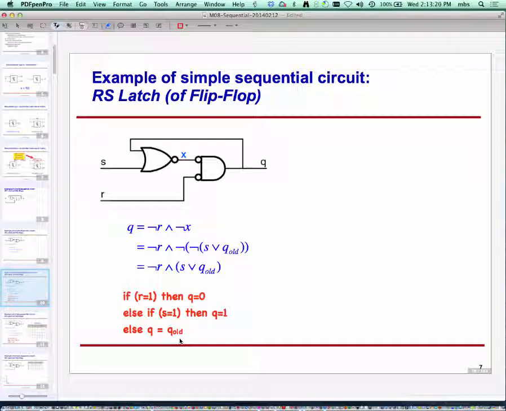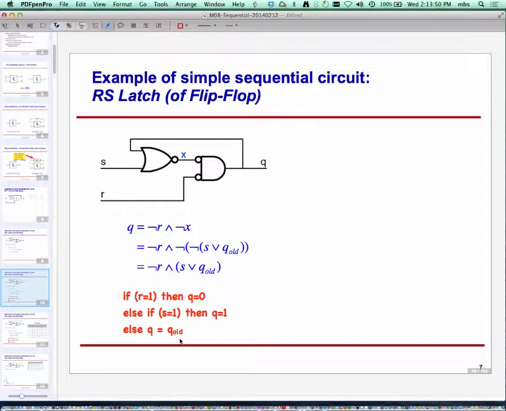Now this is something we couldn't do with combinational logic thus far, because in combinational logic the output is always a function of the two inputs I'm providing. There was just no way for us to tell it to retain the value. It would always just compute a value corresponding to whatever S and R we were feeding. Hopefully you can see that if I make S and R both 0, then it's just going to keep its value.